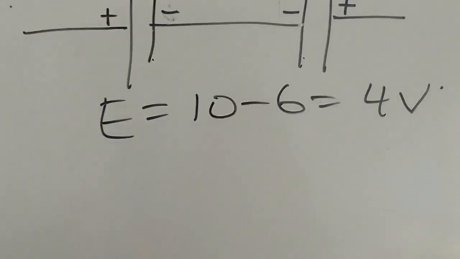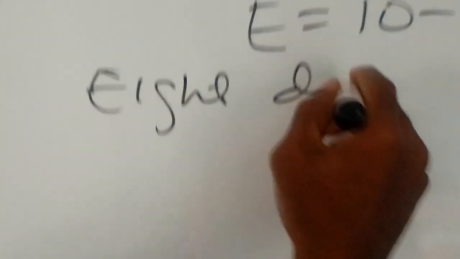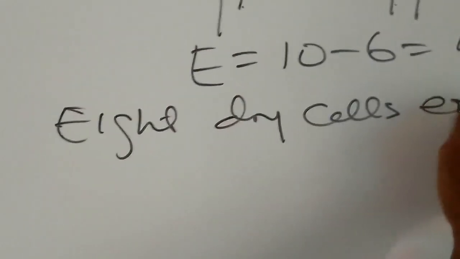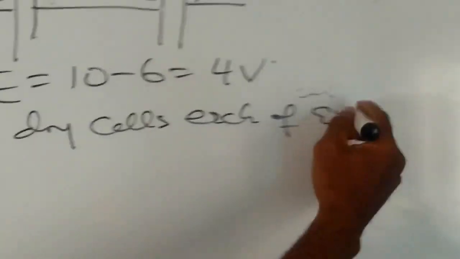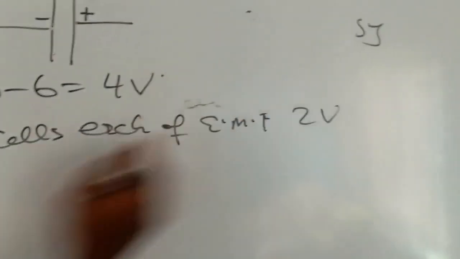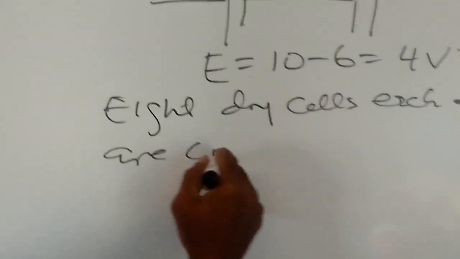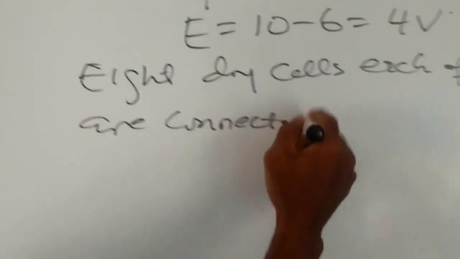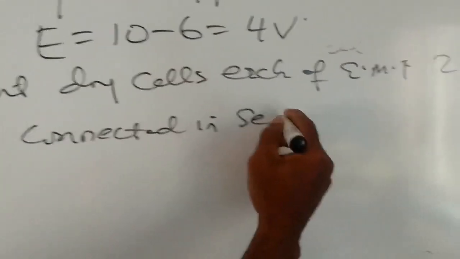So let's take another problem on serial connection. We have the problem that says 8 dry cells, each of EMF 2 volts, are connected in series.